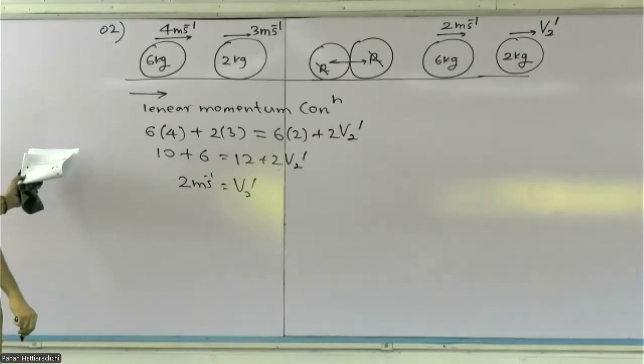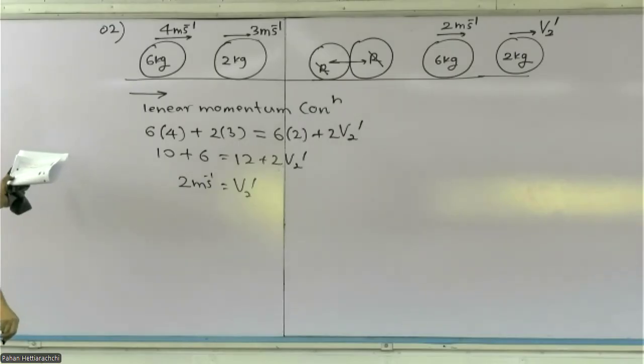A body A of mass 6 kg moves on a horizontal surface with a velocity of 4 meters per second. Another body B of mass 2 kg is moving in the same direction with a velocity of 3 meters per second. After the collision, the velocity of A becomes 2.